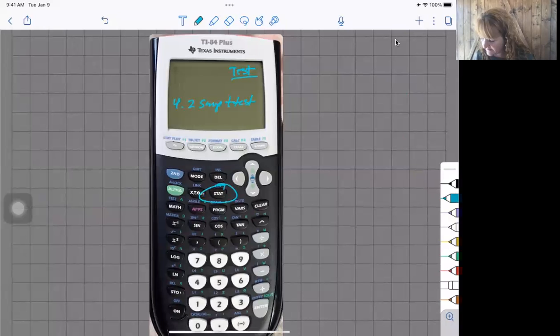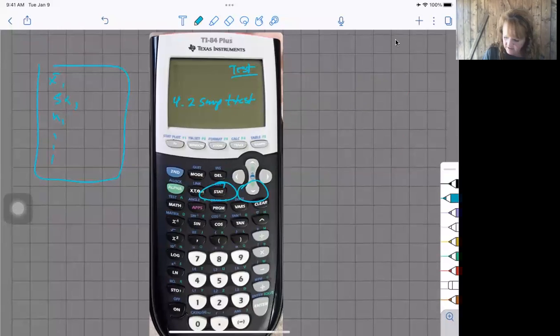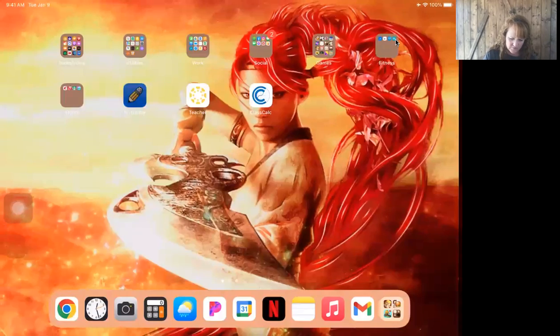When you click on that, it gives you your long list, and make sure you scroll down to see the whole list of things that you're going to enter: X bar 1, Sx1, n1, all the way down. At the bottom, you're going to choose your p-value, choose your not equal to option. And then at the very bottom, it says pooled, and you're going to say no or yes. Make sure you hit enter to highlight your yes before you continue. And that should kick out your info for you. Pretty straightforward.